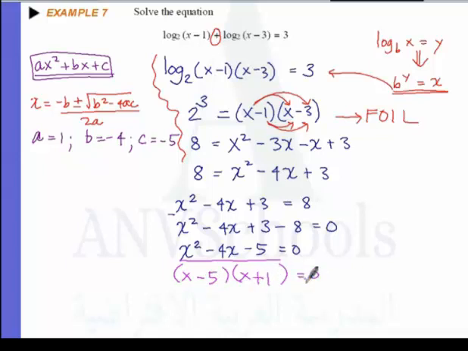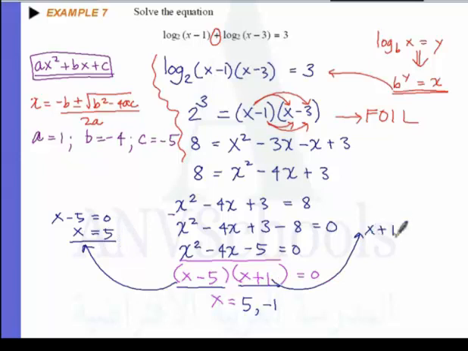And therefore my x would be equal to 5, and another one is -1, setting both equations to 0. So x minus 5 is equal to 0, giving me x is equal to 5 for this case. And for this case, I have x plus 1 is equal to 0, x is equal to -1. Therefore, giving me this solution set for x.